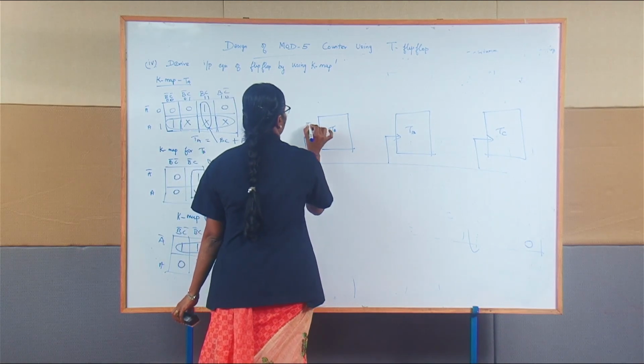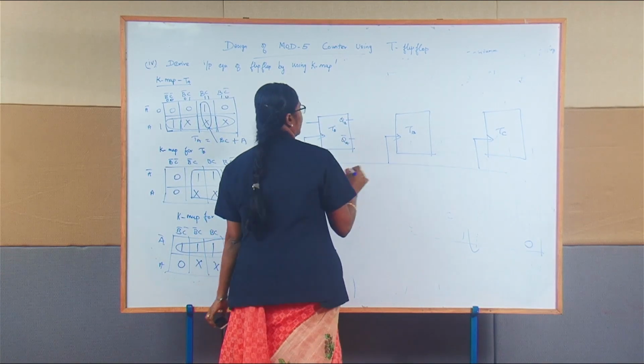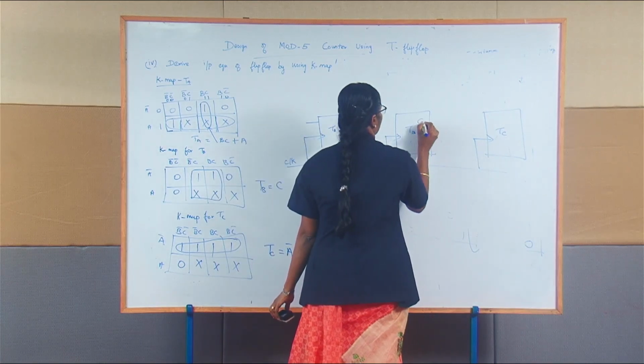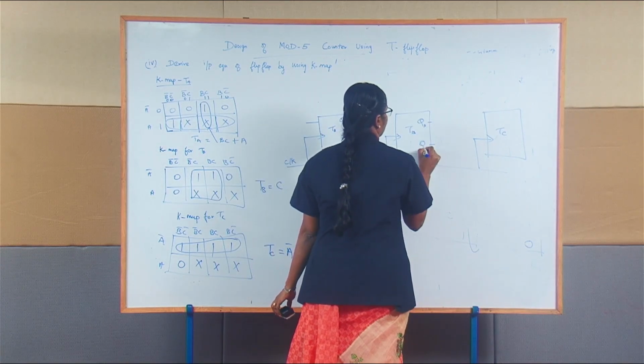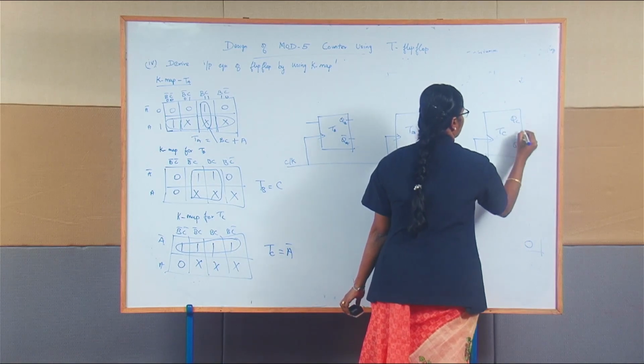For TA, here you have QA, QA bar, here QB, QB bar, here you have QC, QC bar.